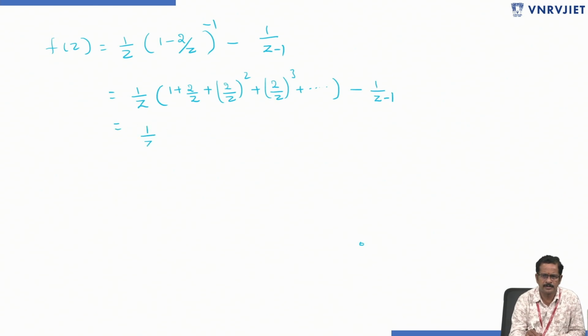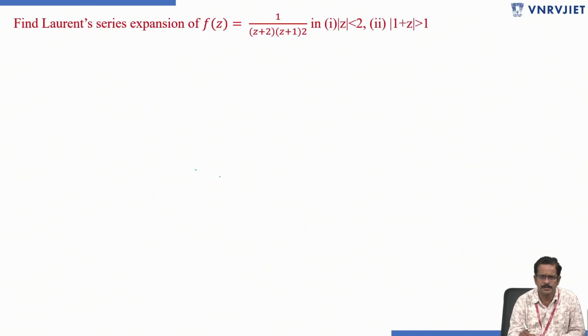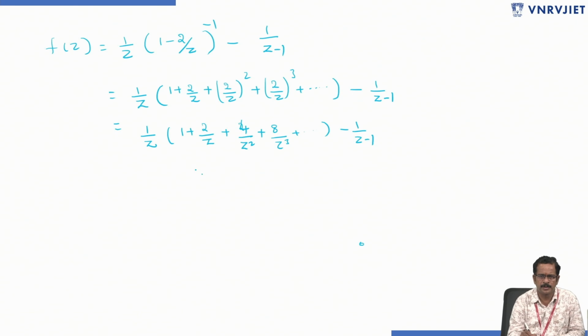So 1 by z into 1 plus 2 by z plus 4 by z square plus 8 by z cube plus and so on, minus 1 by z minus 1, which is here mod z is here 2 by mod z less than 1 and z not equal to 1.